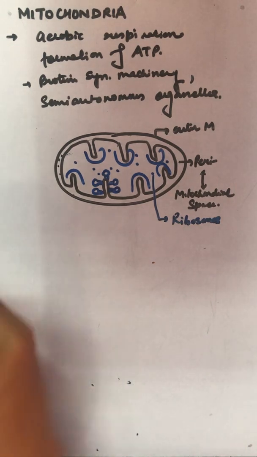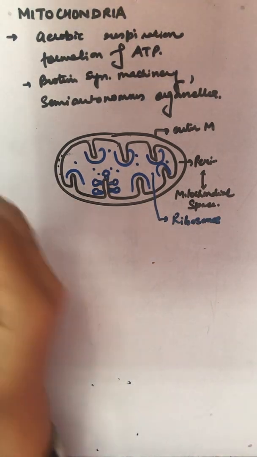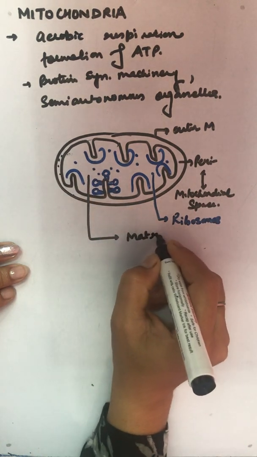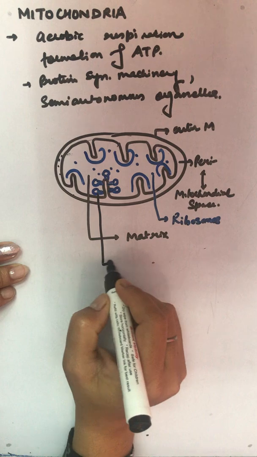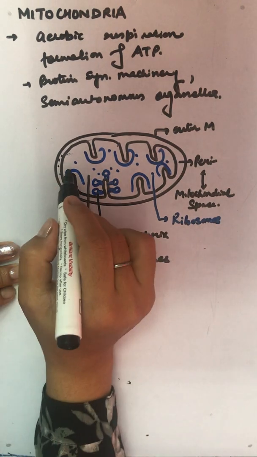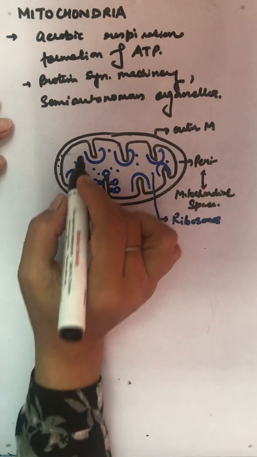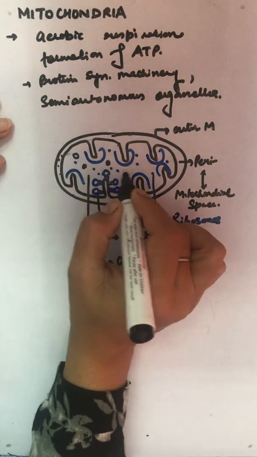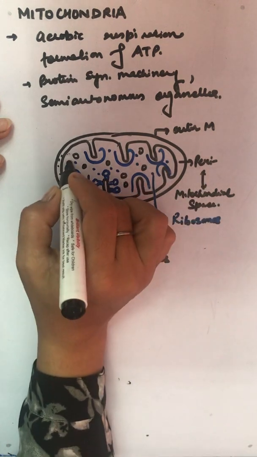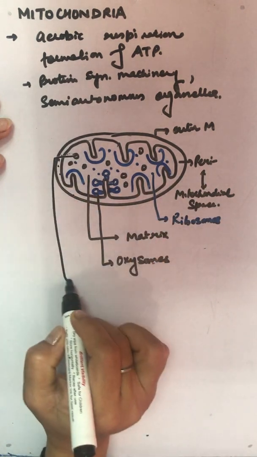This inner one is the matrix. These ones are oxysomes. And here small circular DNA is observed along with the ribosomes.